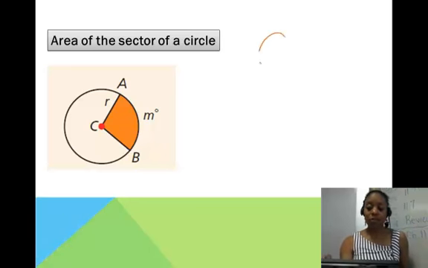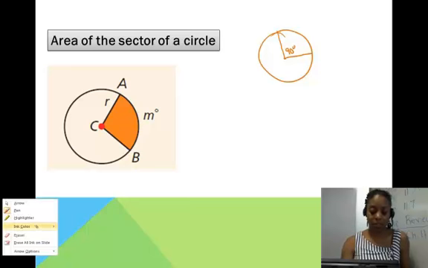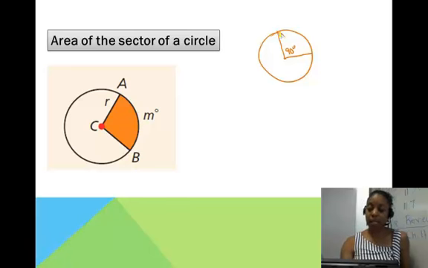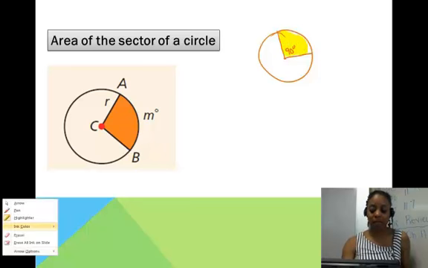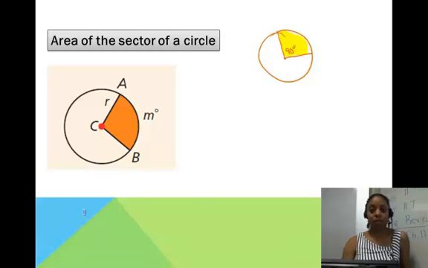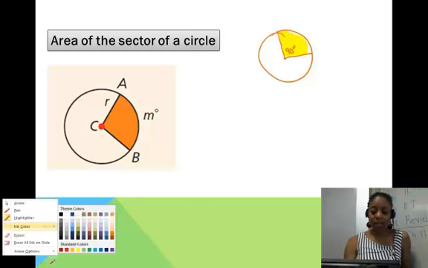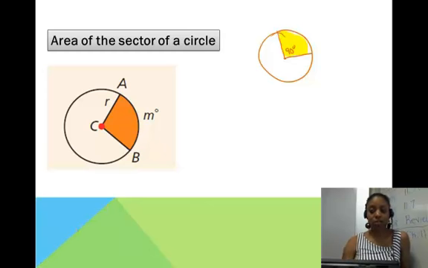If I drew a sector with a central angle of 90 degrees and asked you to find the area of that portion of the circle, you would probably find the area of the entire circle and then multiply it by 1/4, because 90 out of 360 is 1/4. So that's what we're going to do for every single sector.